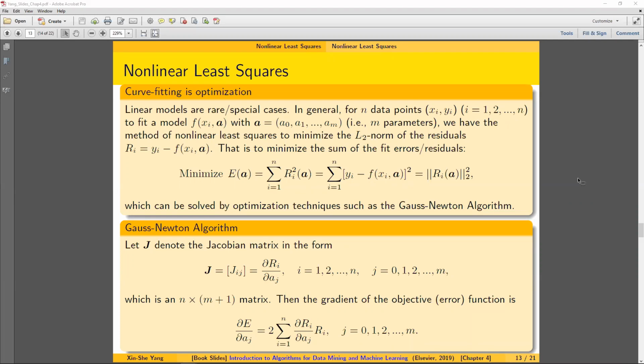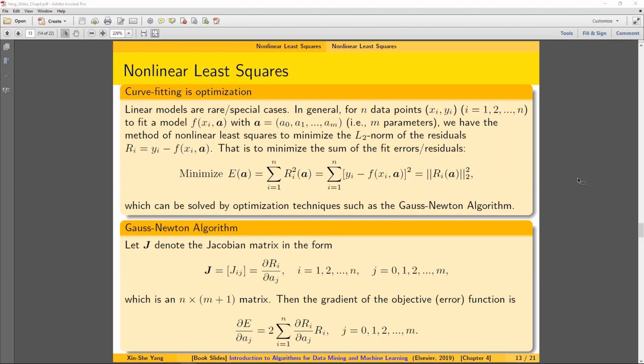We have n data points to fit a model f(x; a), where a is a set of parameters. We have the method of nonlinear least squares to minimize the L2 norm of the residuals. The residual itself is r_i equal to y_i minus f(x_i; a), where y_i is the observation and f(x_i; a) is the predicted function value from f.